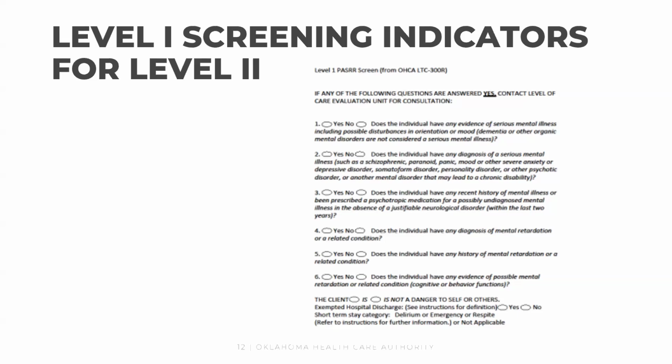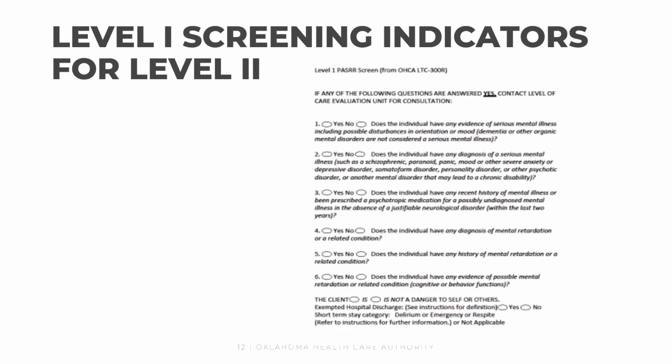Let me say this right now about major depressive disorder. We kind of call bipolar and schizophrenia a slam dunk, if you will, as the need for having a level 2 PASSR conducted. Major depression is something that, as we all know, is on a spectrum.